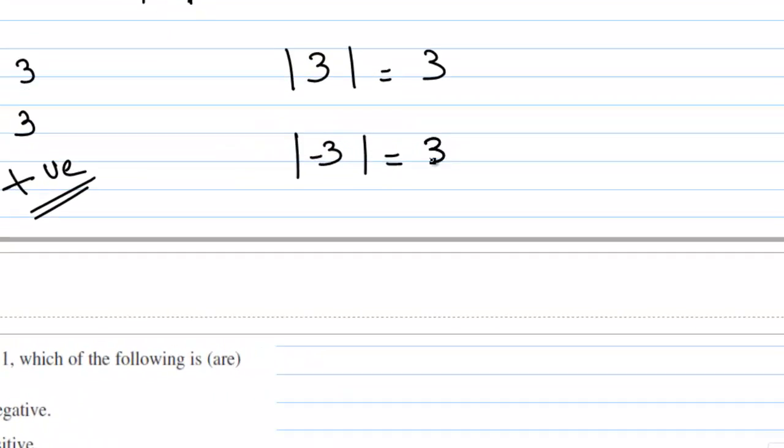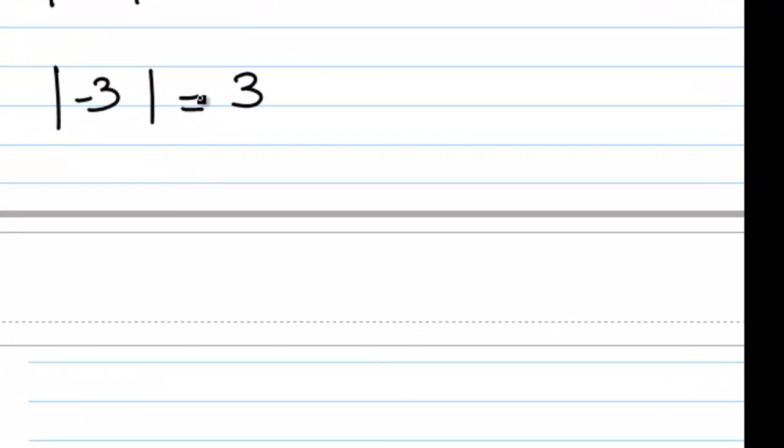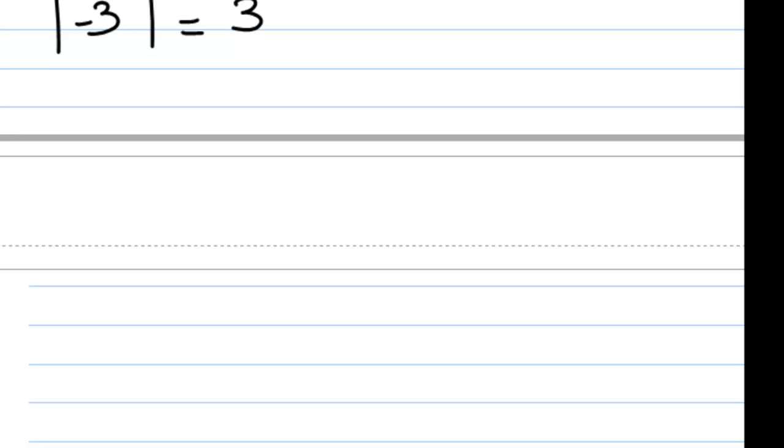Clean, positive, of course. So this is the idea of the absolute values. Regardless of the sign of the number you have between the absolute signs, positive or negative, the answer is always positive. All right, you should keep this in mind. It's a very useful concept.